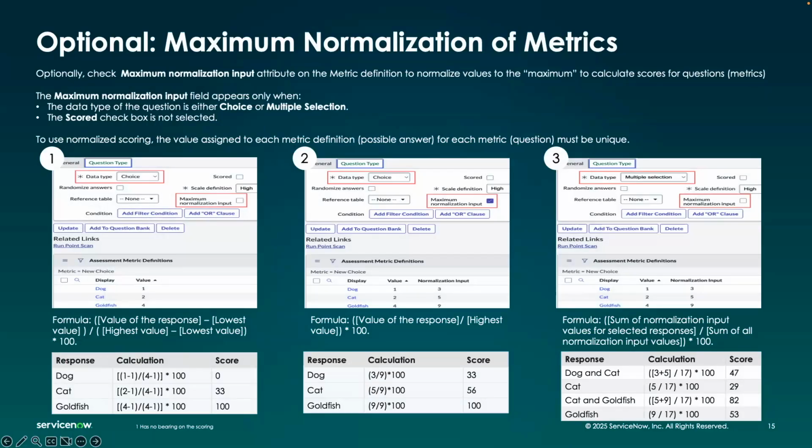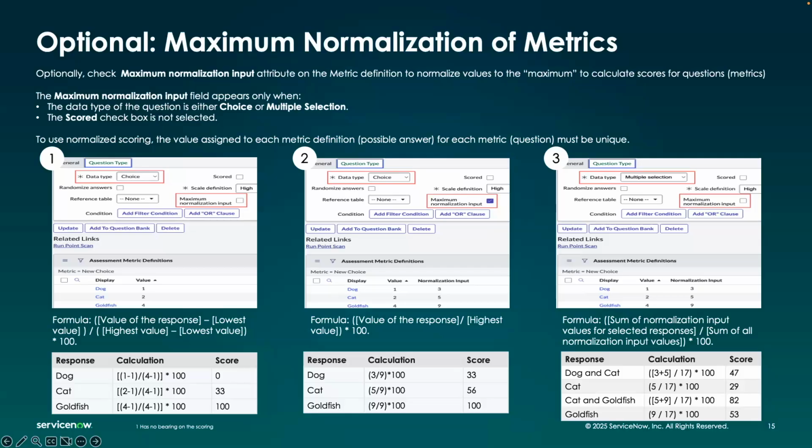Maximum normalization of metrics. This is a completely optional configuration. It is only applicable to data types of choice and multiple selection. It is only applicable to metrics that adopt scale definition to normalize values, and scored checkbox is therefore not selected.